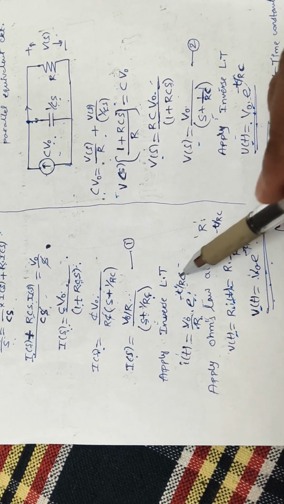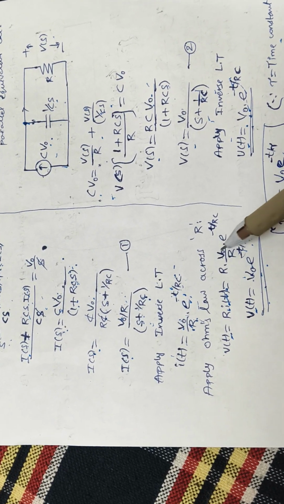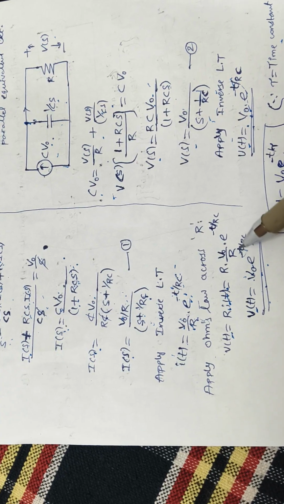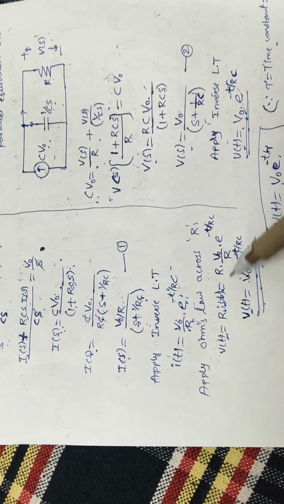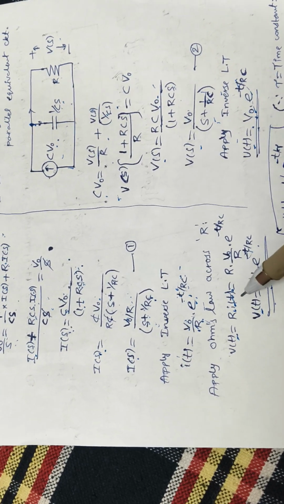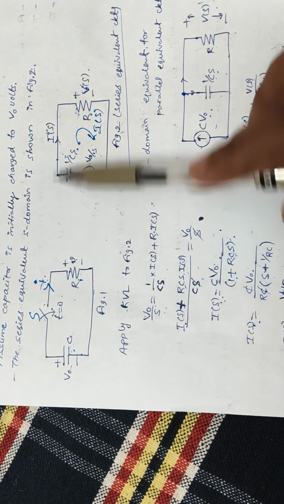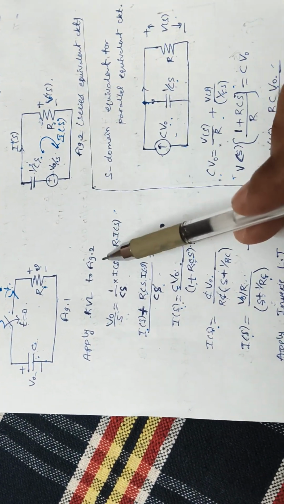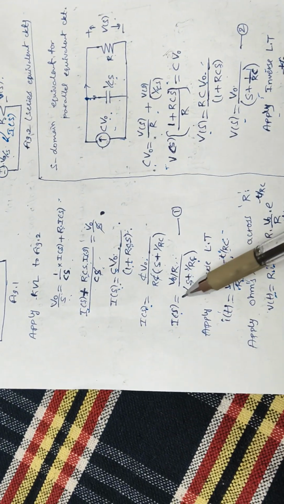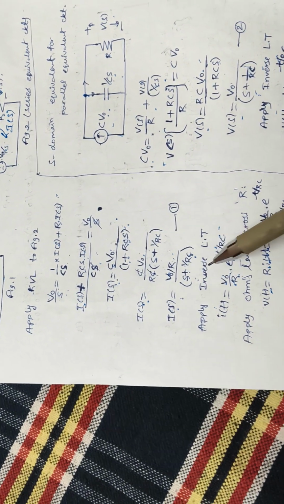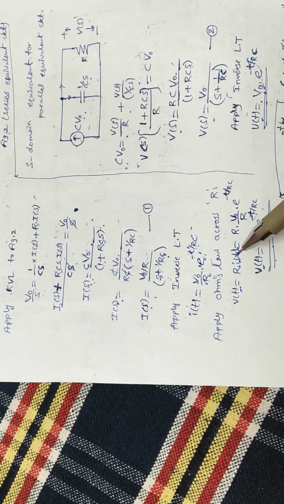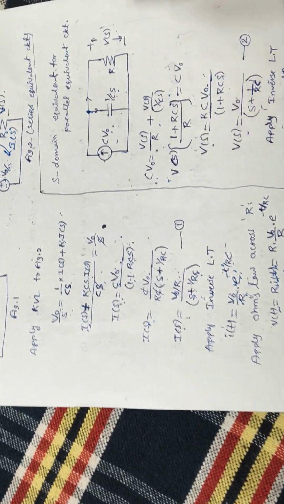R into V0 by R is V0, so V0 into e power minus t by RC is the voltage across the resistor. So the overall steps are: convert into the S domain equivalent circuit, apply KVL, find the response, apply the inverse Laplace transform and get the response in the time domain.